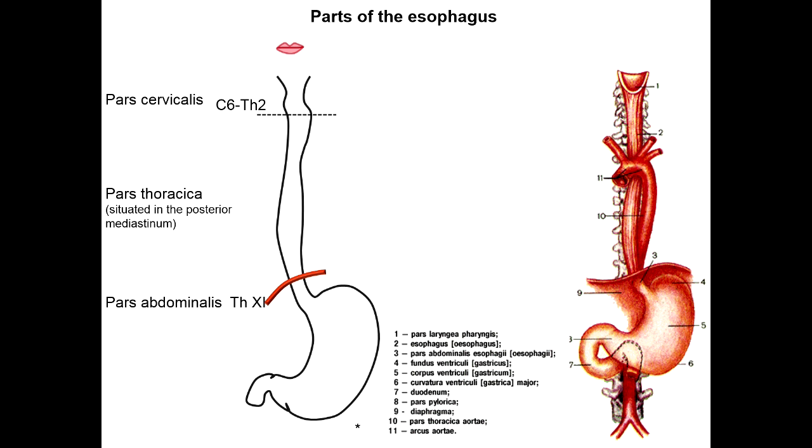Next question is topography of the esophagus, exactly syntopy and skeletotopy. What is syntopy? Or in Latin syntopia, skeletotopia. Syntopia means the relations with other organs which are close to the esophagus.